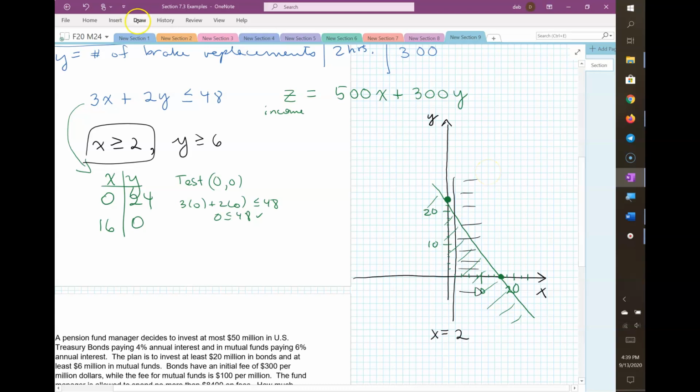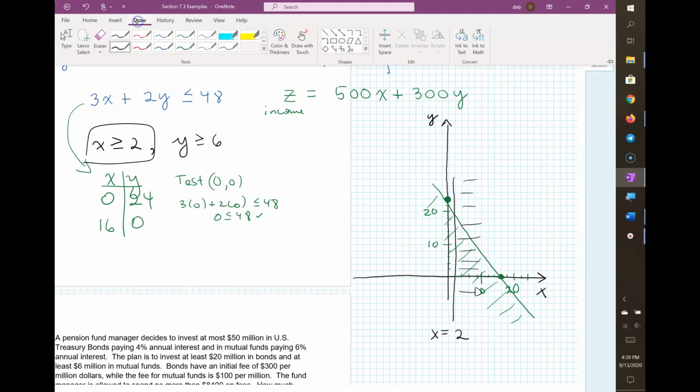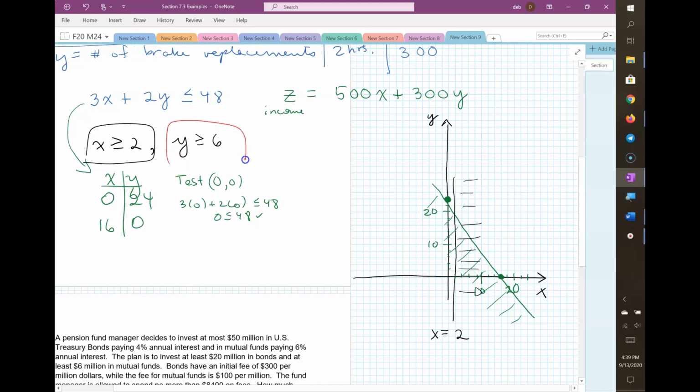And then I need y greater than 6. So I need to graph the line y equals 6, and I need y values above. So x values to the right of x equals 2 and y values above 6.